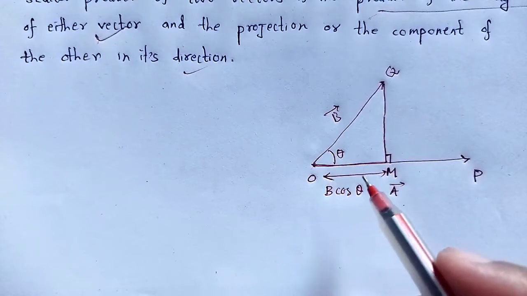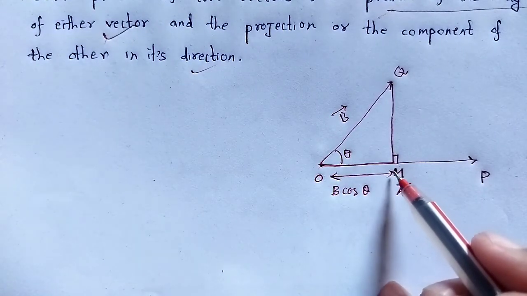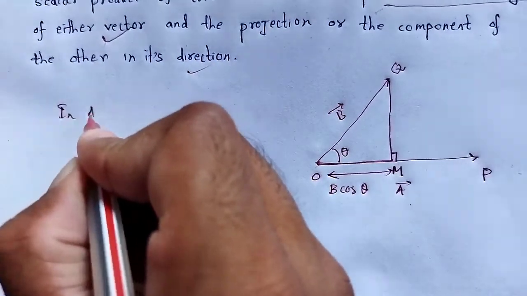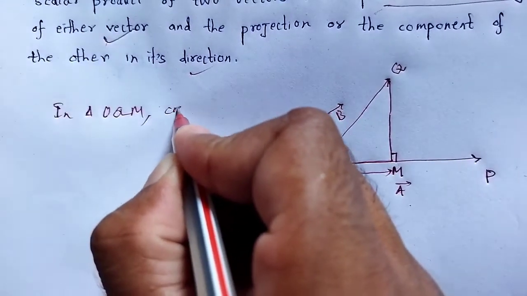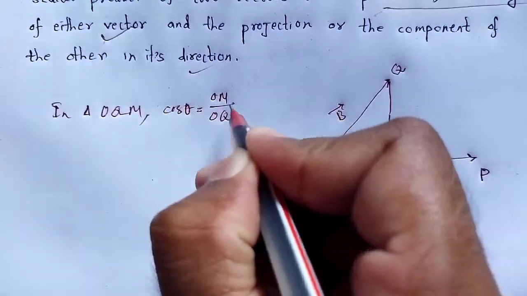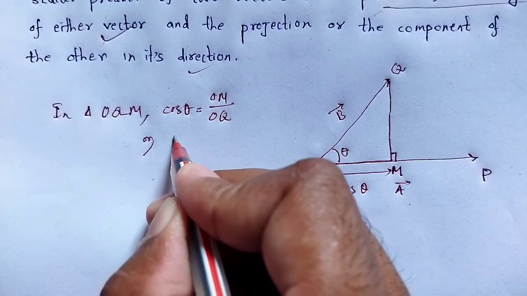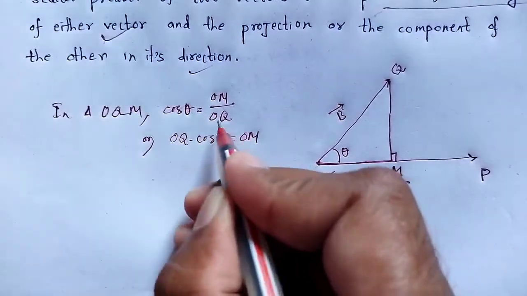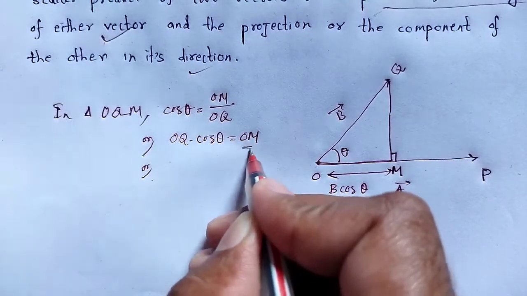So in triangle OQM, I can write cos theta is equal to OM by OQ, or OQ cos theta is equal to OM.